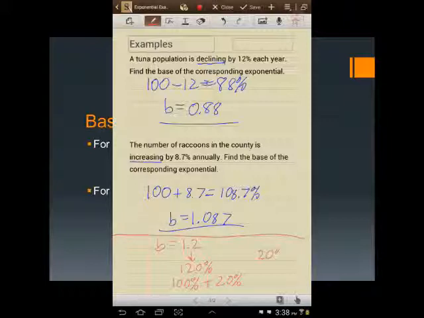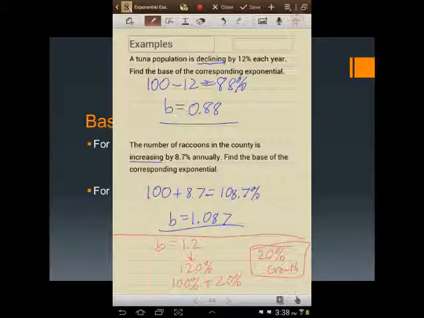So this is a 20% growth. If B would have been 0.8, well, that's 80%, which means 100 minus 20, so that would have been a 20% decay. So it works both directions.